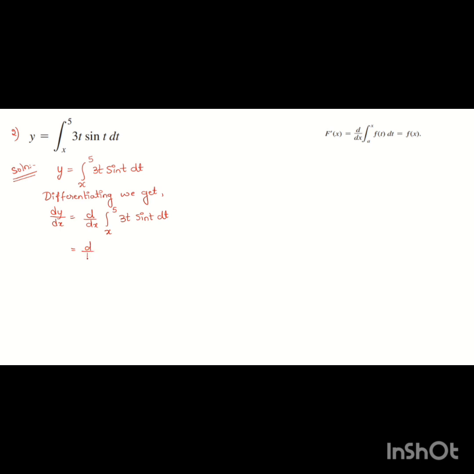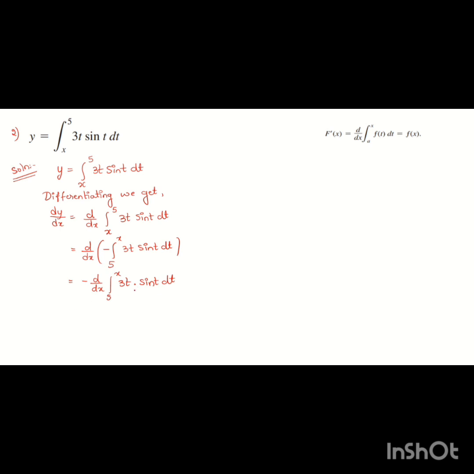So d/dx remains as it is, and the integral can be changed by reversing the bounds, that is 5 to x of 3t sin t dt. Now it's in the required form, a constant, that is a equal to 5, to x of f(t) dt. So take out the minus sign. We have minus d/dx of the integral from 5 to x of 3t sin t dt.